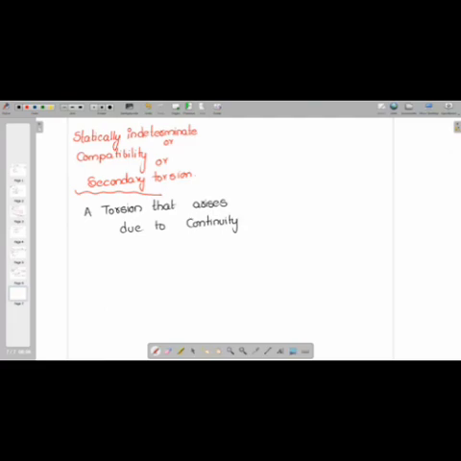This kind of torsion depends upon the stiffness of interconnected members: how stiff the members are and how they are connected. It depends upon the stiffness of interconnected members.